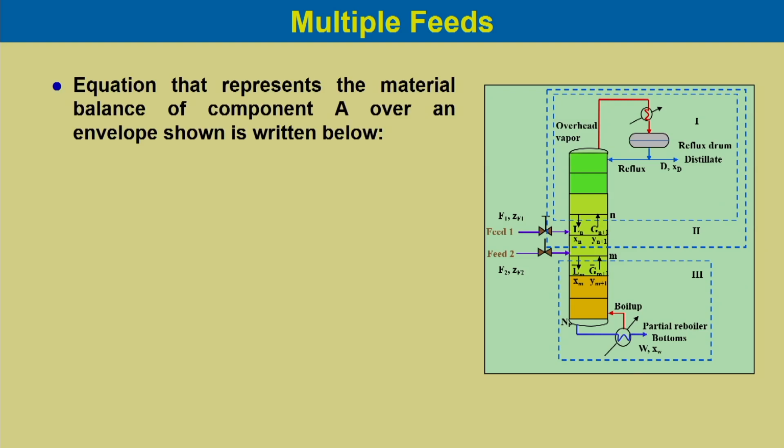Now, the equation that represents the material balance over an envelope shown over here. We have drawn 3 envelopes, envelope 1, envelope 2 and envelope 3. Let us do the balance equation for envelope 1.